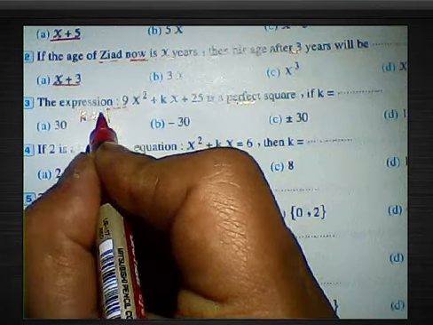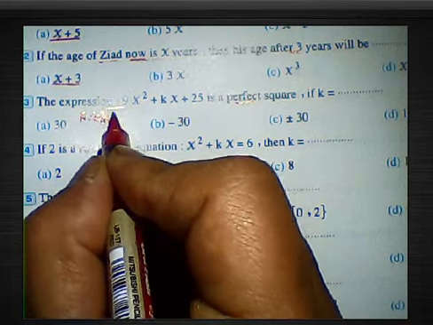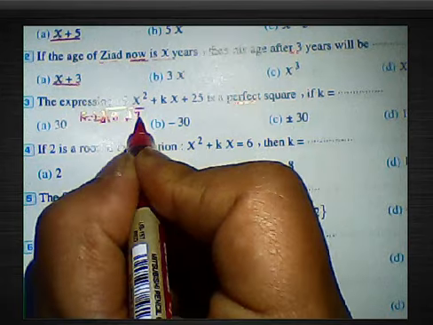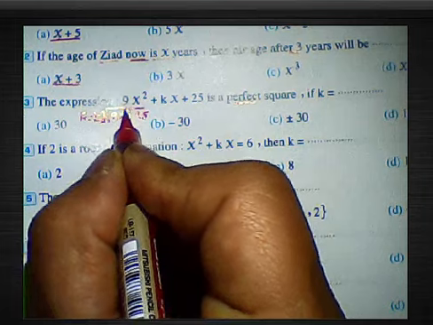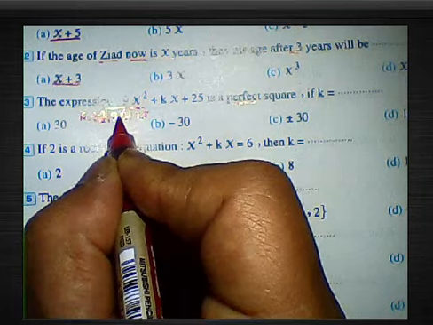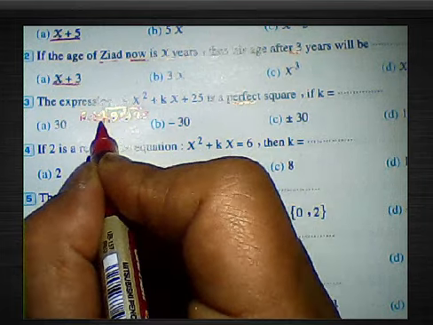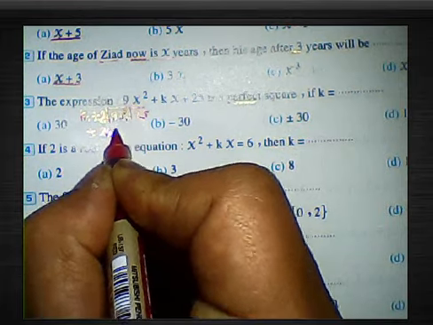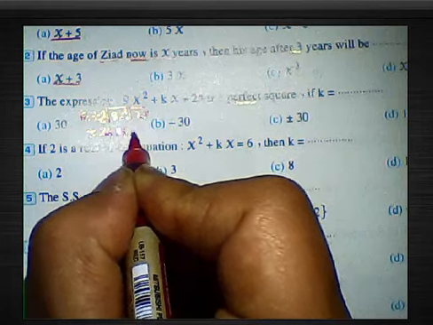So 2 multiplied by the square root of 9x power 2, which is 3x, and the square root of 25, which is 5. So it's positive or negative 2 multiply by 3x multiply by 5.